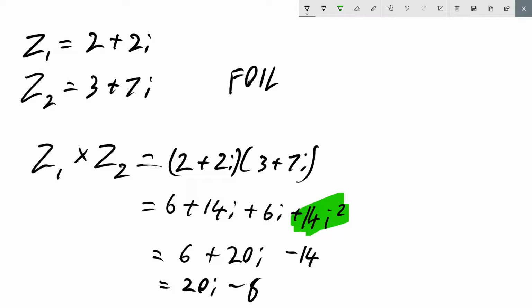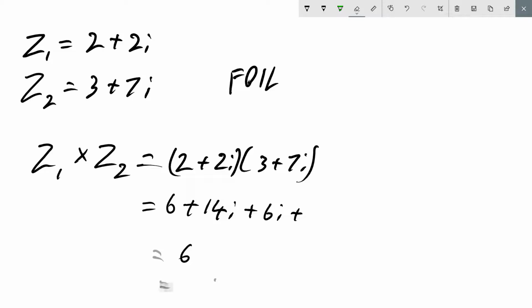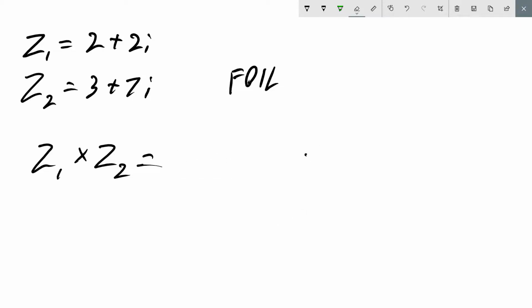So now what about division? Well, division, we're going to do something different. Rather than timesing together, we're going to divide, but there's one key difference between division and multiplication. Rather than just leaving it as a fraction like so, we're going to actually have to get rid of the i on the bottom there.